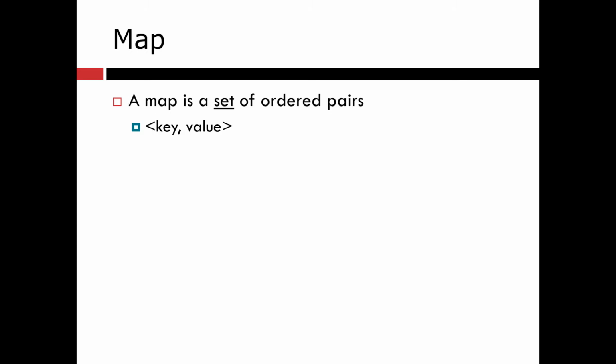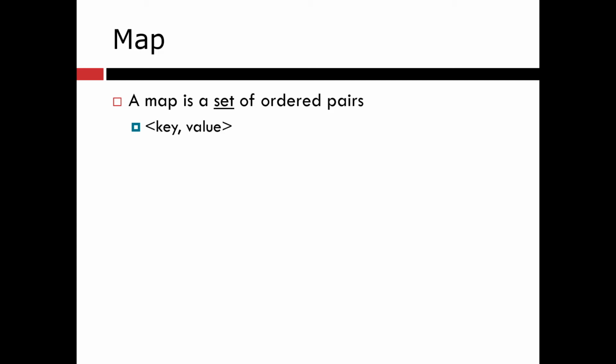When we talk about a map in the STL, there is both a regular map and a multi-map in the STL library. What we're talking about is a data structure that is a set of ordered pairs. The set here is an important keyword. When we talk about sets, remember that sets are collections of information.